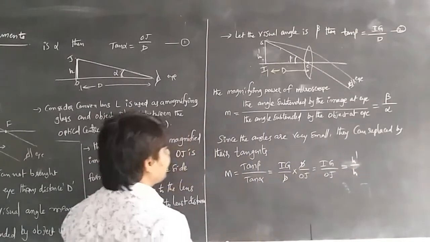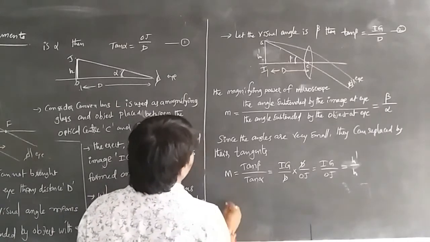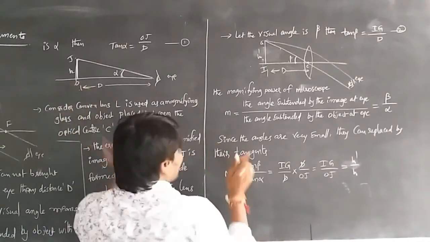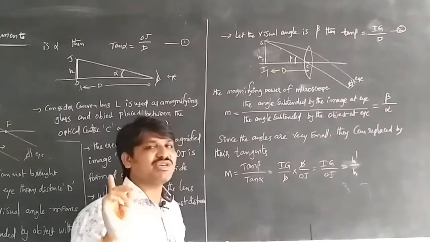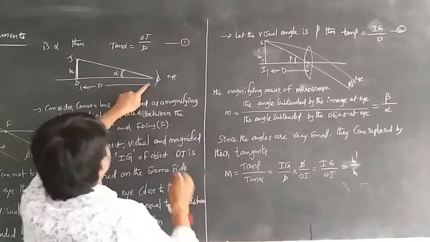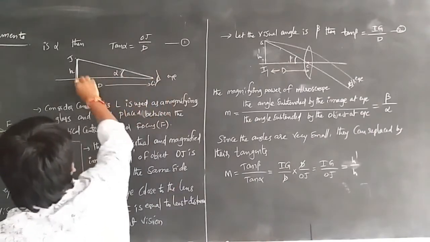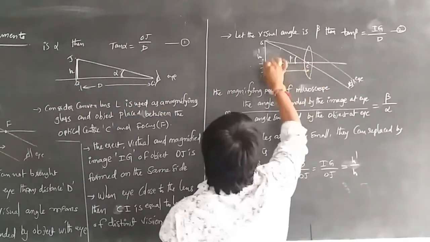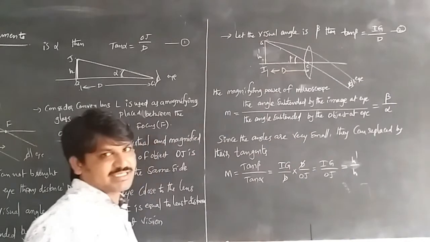Now from the schematic image of a simple microscope, by applying similar triangles, COJ and CIG are the similar triangles.